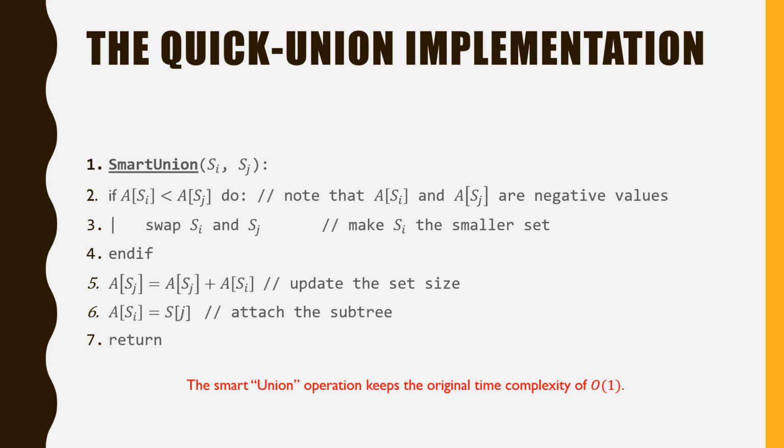In line 6, we attach the root node Si as a child of the root node Sj. Since all these additional steps run in constant time, the time complexity of the smart union operation remains O(1).